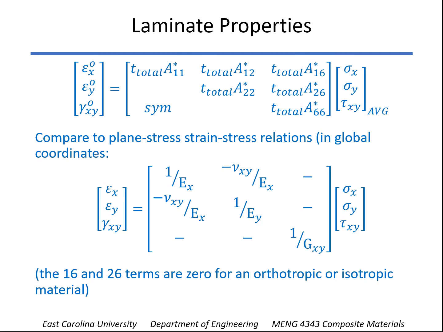Now, there are terms in the 1,6 and 2,6 positions that will be zero for an orthotropic or an isotropic material, and would also be zero for a balanced laminate. We're not really going to be interested in what those are, but they could be non-zero.